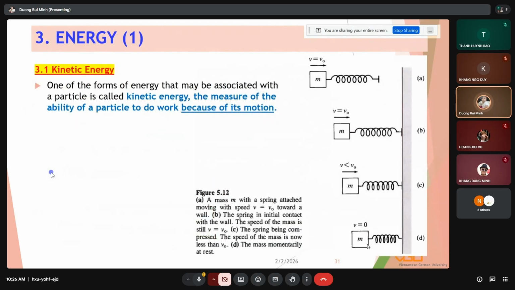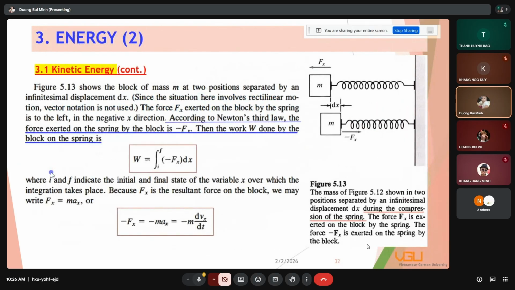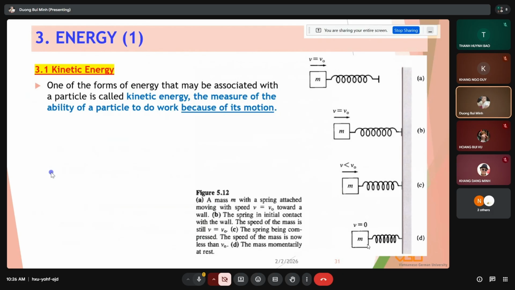We discuss energies. The first one is kinetic energy, the measure of the ability of a particle to do work because of its motion. If we have motion, we have velocity, right?